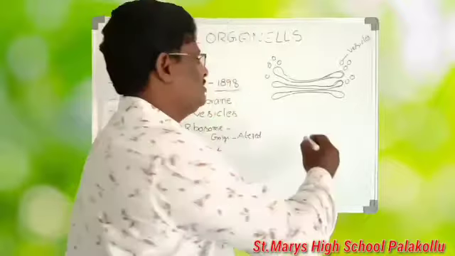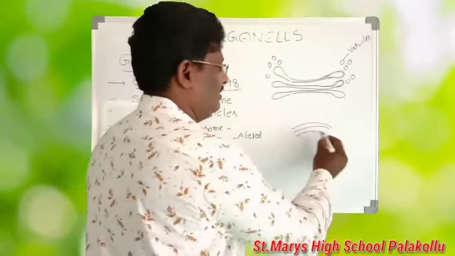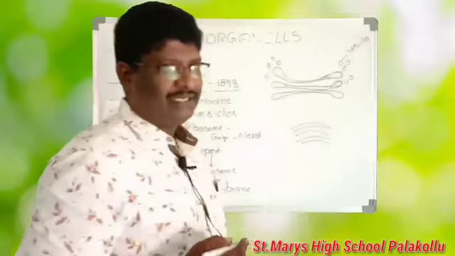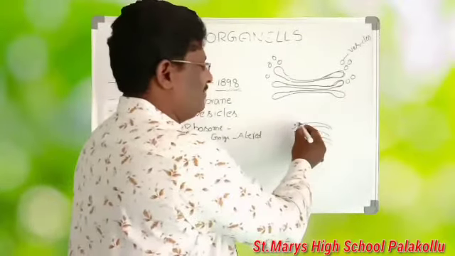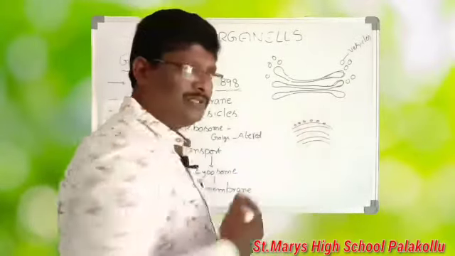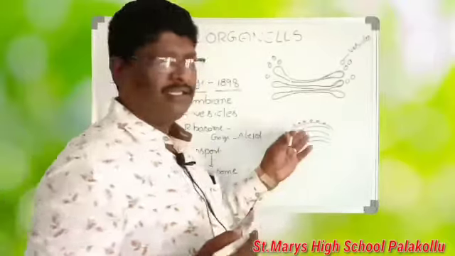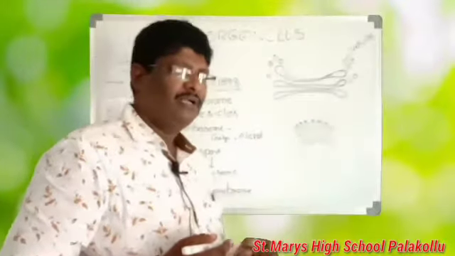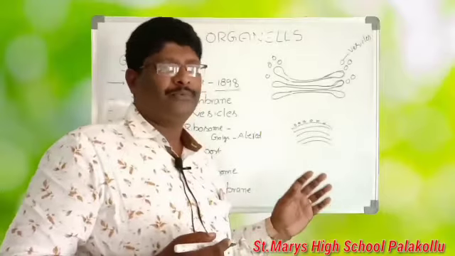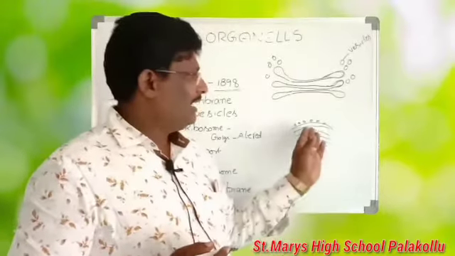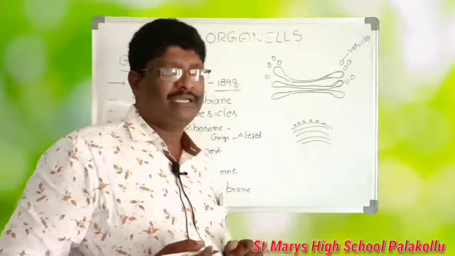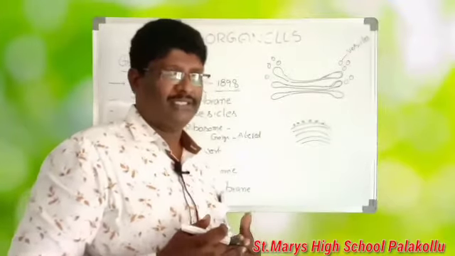Already we saw the endoplasmic reticulum. On the top layer of the endoplasmic reticulum, ribosomes are there, and the down layer is called smooth endoplasmic reticulum. From the rough endoplasmic reticulum, proteins are produced, and from the smooth endoplasmic reticulum, lipids are produced.